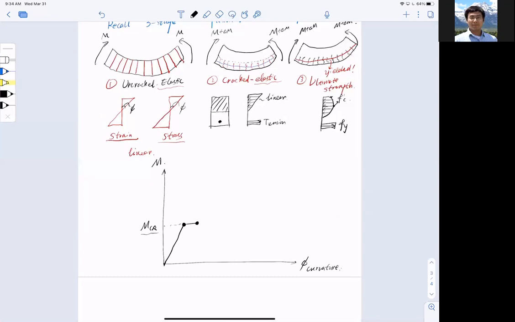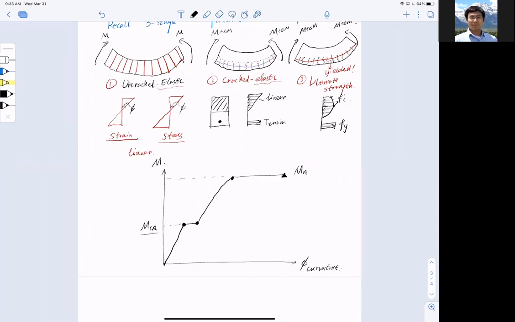After this point, I will enter the nonlinear zone. And then finally, I will reach the plateau, which is the ultimate strength zone, of course when I reach the yielding strength. And this is my Mn, the moment capacity.